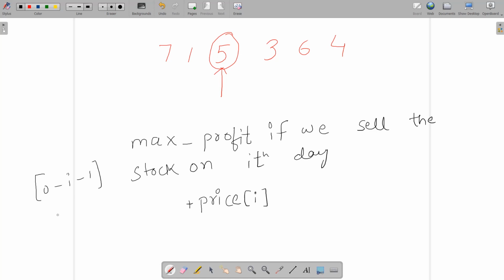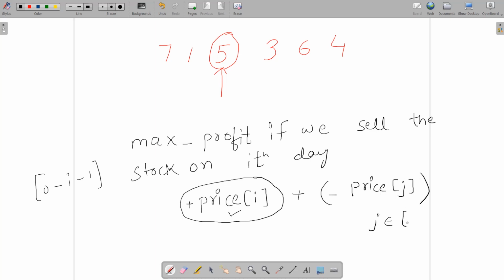Note that I am using zero-based indexing. So your profit is increased by price of i, the value of the stock on the current day, but you need to buy the stock on one of the previous days, so it is also incremented by negative price of j, and j must belong to 0 to i minus 1, both inclusive.